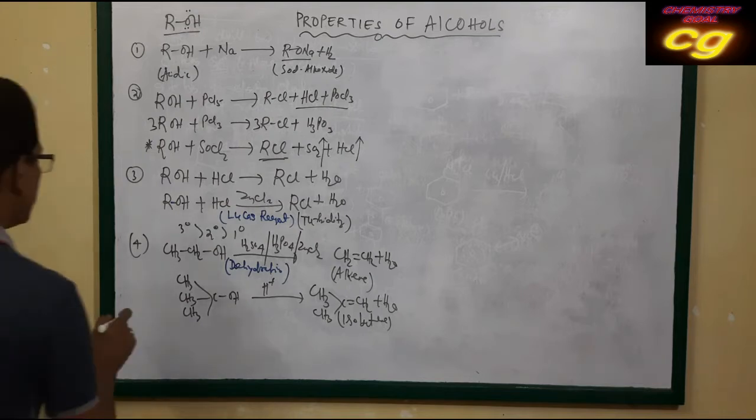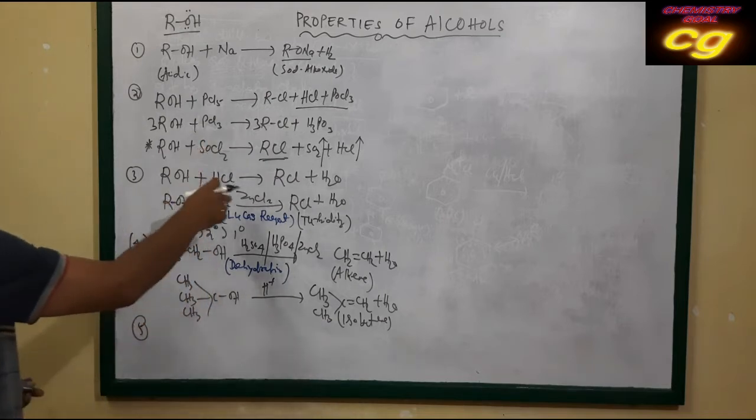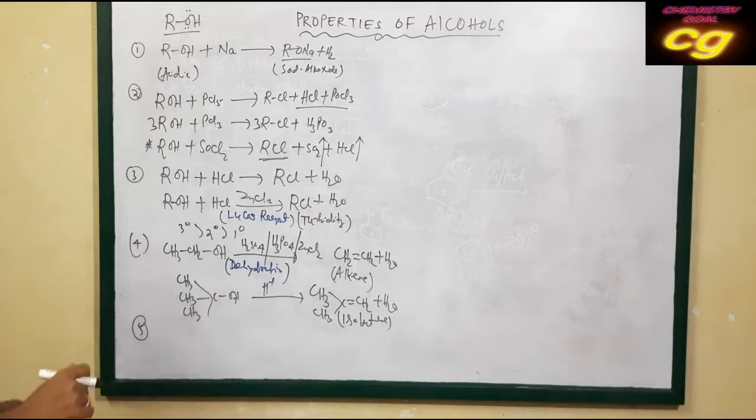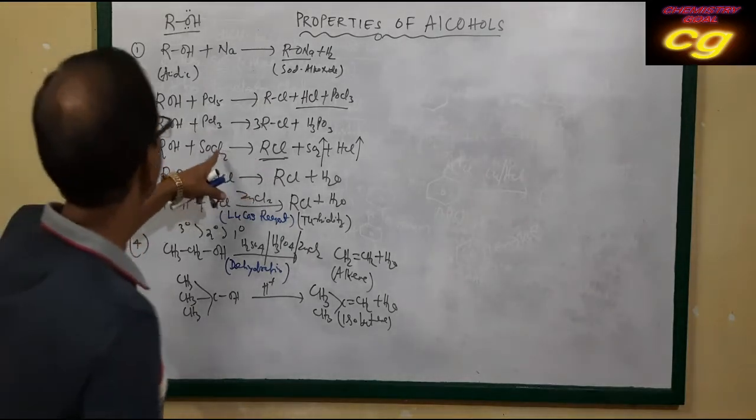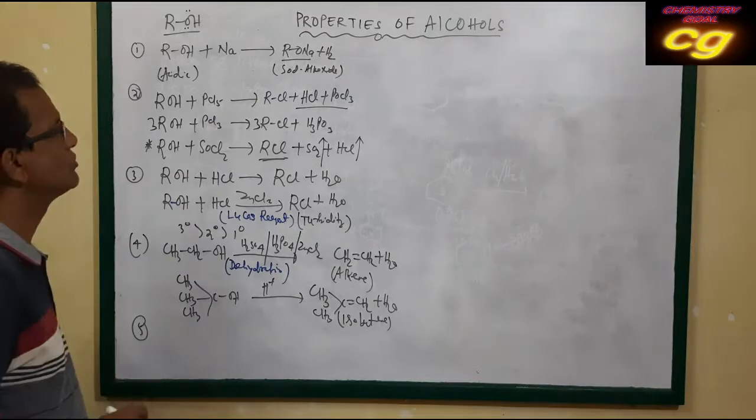Then alcohol can be converted in these cases to form bromo or iodo compounds. Here you can also use PCl5, PCl3 for chloro compounds.